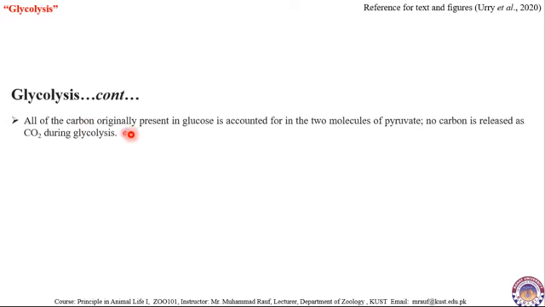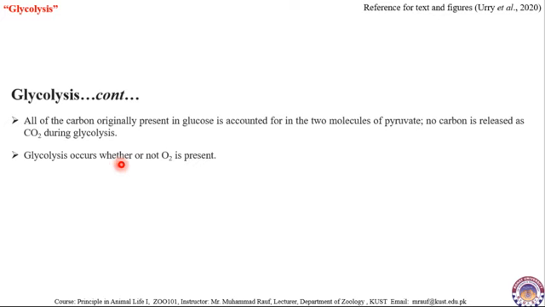All of the carbon originally present in glucose is accounted for in the 2 molecules of pyruvate. Glucose is a 6 carbon molecule, and at the end of glycolysis 2 pyruvate molecules are produced, having 3 carbons each. So all the 6 carbons are intact. No carbon is released as CO2 during glycolysis.